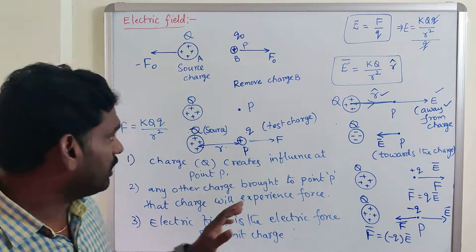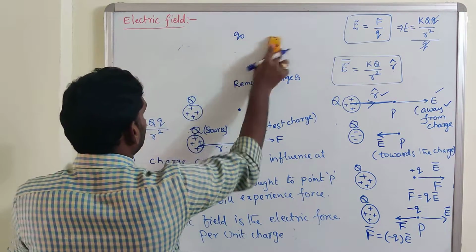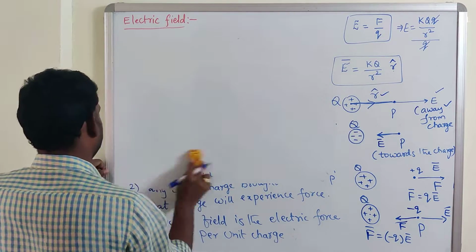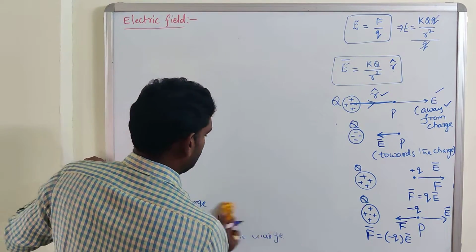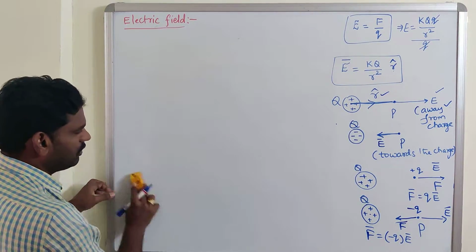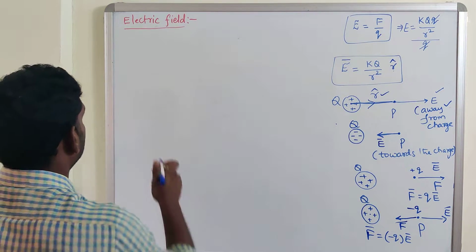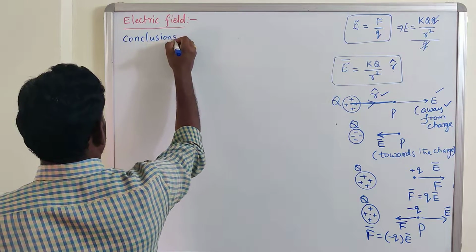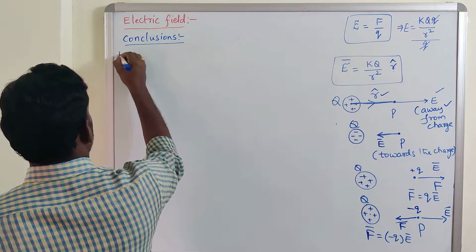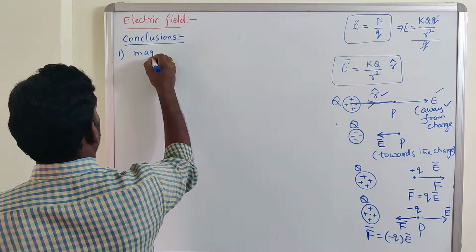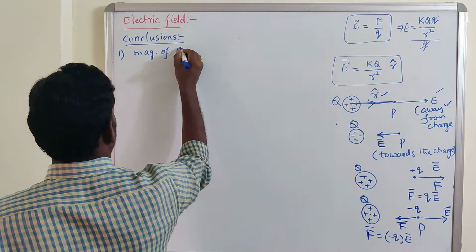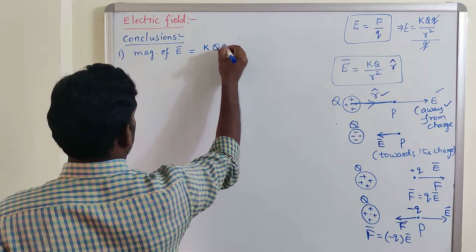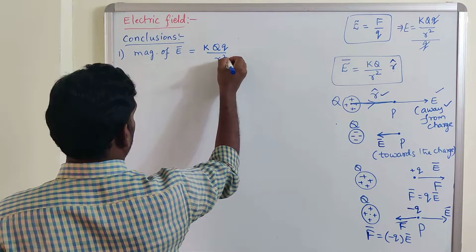Clear? I am concluding the points here. Conclusions. I am writing conclusions here. First conclusion is magnitude of electric field. Magnitude of electric field equal to K into capital Q into small q by r square.